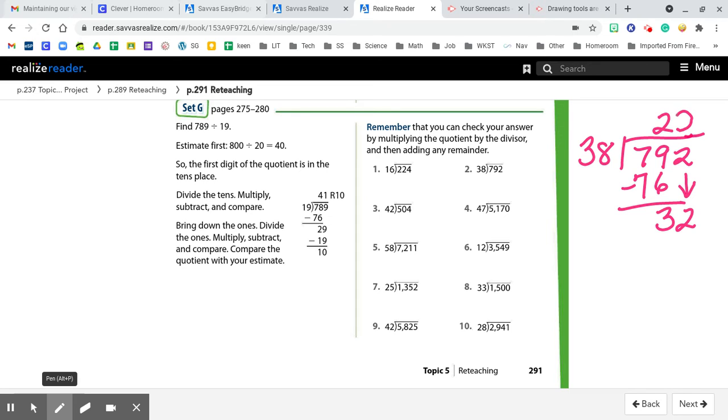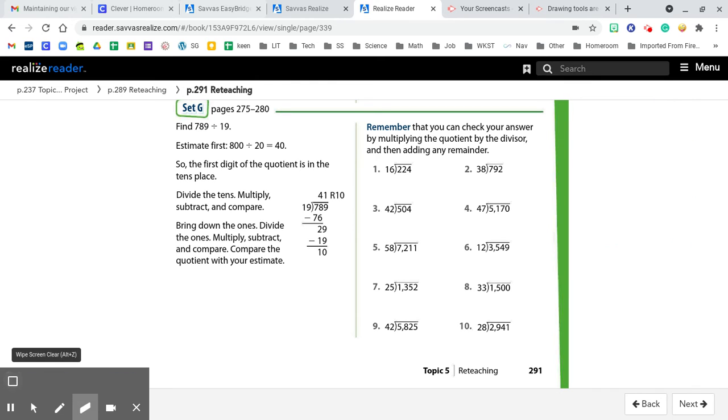I'm going to have to annex a 0 there, because remember, our answer started in the tens place. So this one is 20, remainder 32. Don't forget to make sure your answers are all lined up nice so you can make sure your digits are in the right place value.